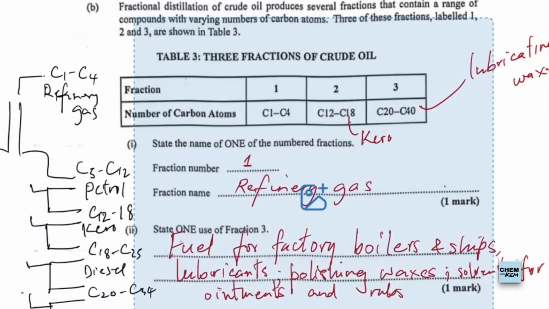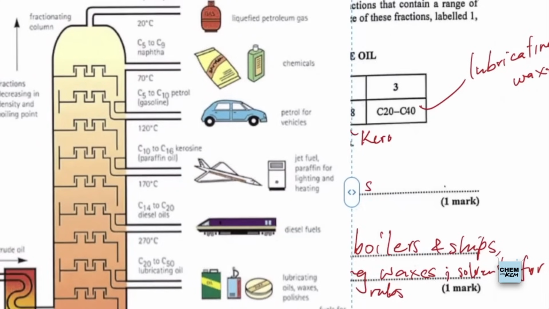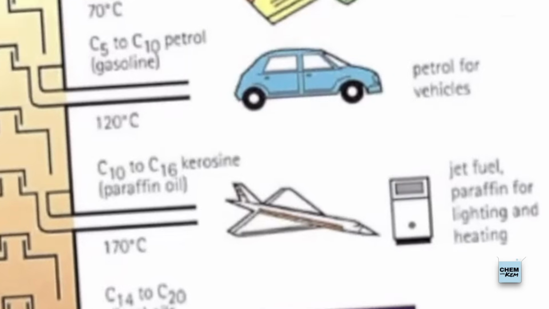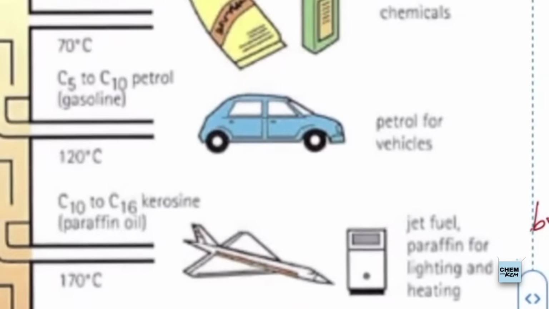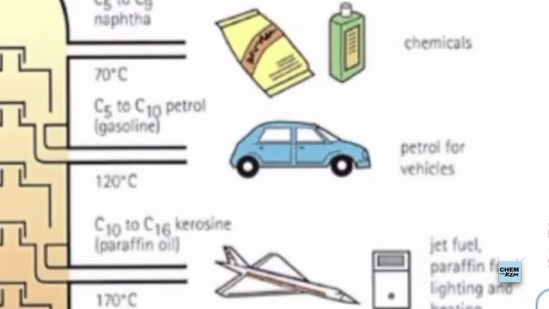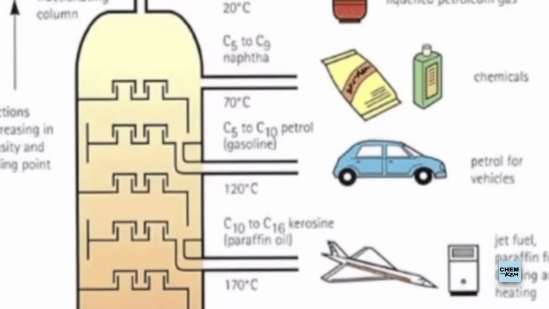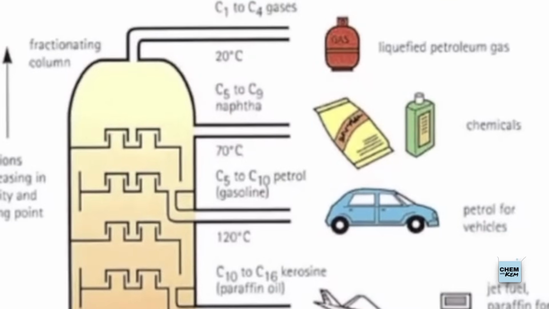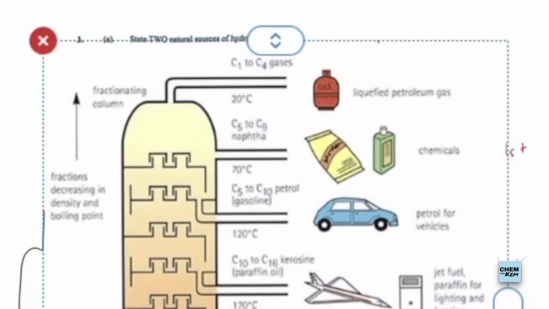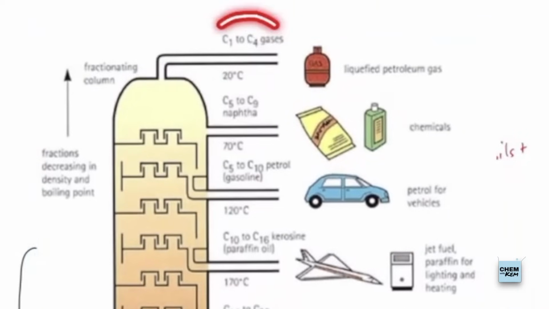So let us look at something a little more official. All right, so if we look here, we should see what we mentioned earlier. C1 to C4, it's called gases here, but they are the refinery gases that we're referring to.